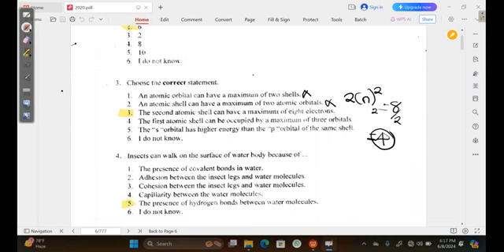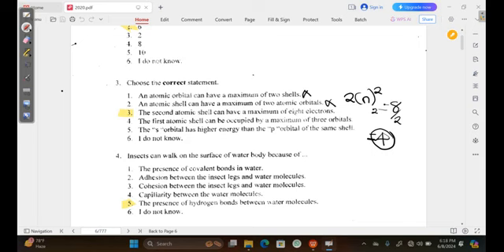Then option 3 says the second atomic shell can have a maximum of 8 electrons. This is very true because based on the KLMN, what we figured out above, we wrote a configuration of 2, 8, 18, and 36.